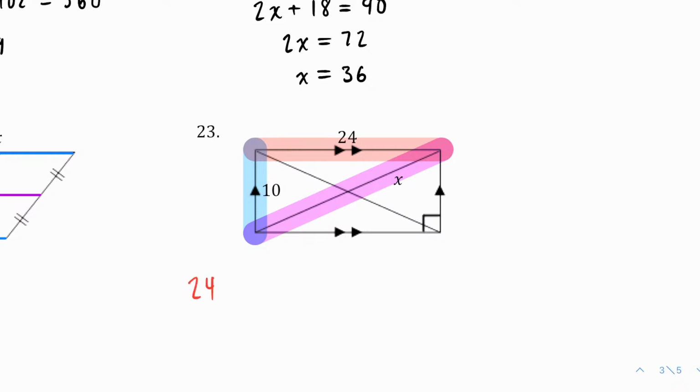One of my sides is 10. And one of my sides is 2x. So remember, this is 2x. X is just this piece. We also know that c squared, where c is the hypotenuse, equals a squared plus b squared.